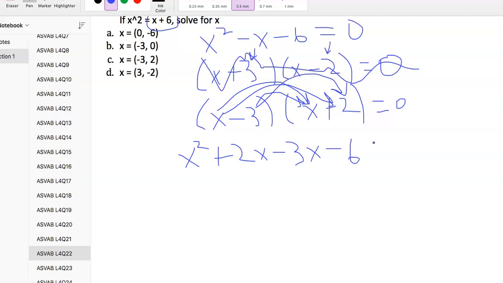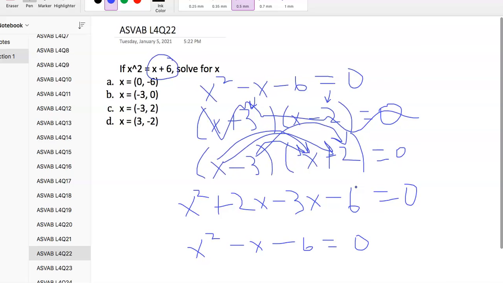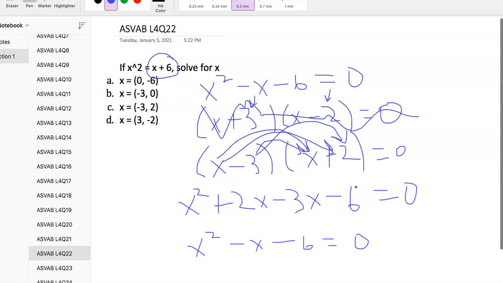That's -6. Equals 0. So we have x squared plus 2x minus 3x minus 6 equals 0. Okay, do we got all that right? That's the same thing we have up here. Okay, so good. So we did it right.